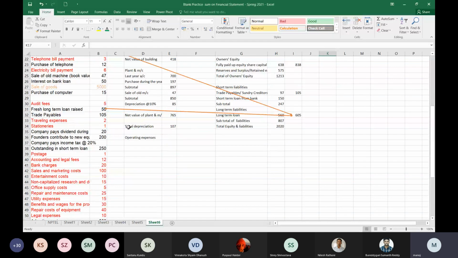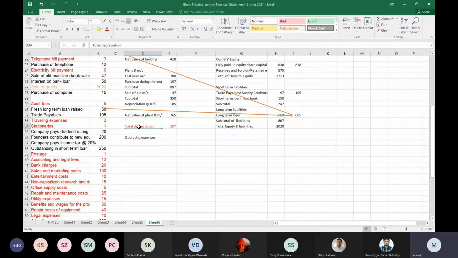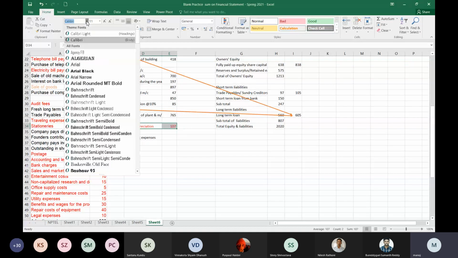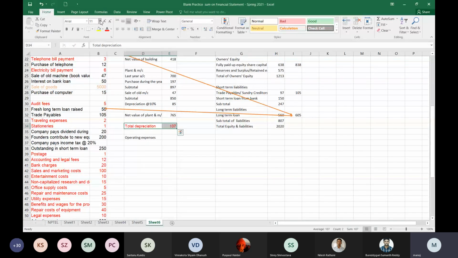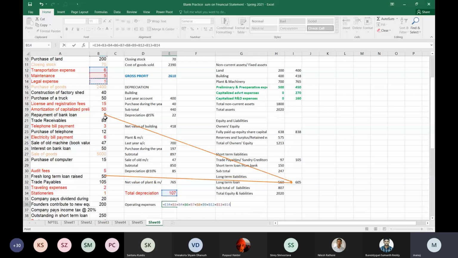Right. So now for depreciation, you mark it red so that we never forget. Even when you have estimated the total depreciation, immediately you just mark it red so that you know that this is also part of operating expense. So you start here, first is depreciation plus, don't start anywhere here, start from the top, this plus this plus this, all red items, plus this plus this.